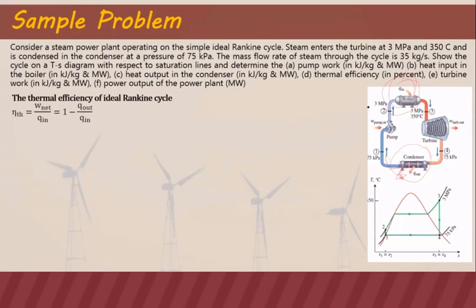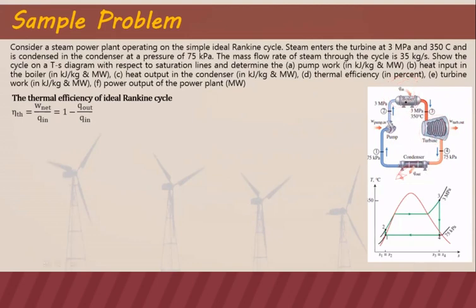So that's why we have Q in and Q out, and our net work is basically the difference between the output of the turbine and the power input in the pump. So net work is work of the turbine minus work of the pump.